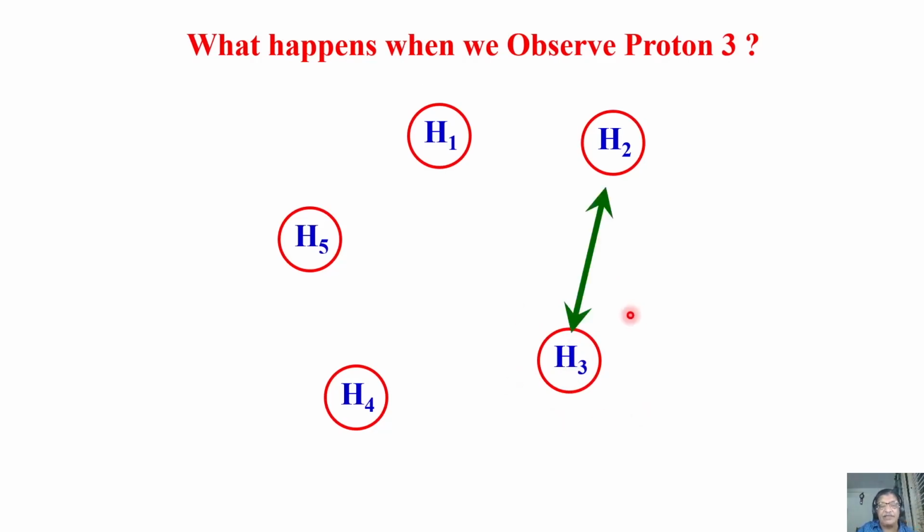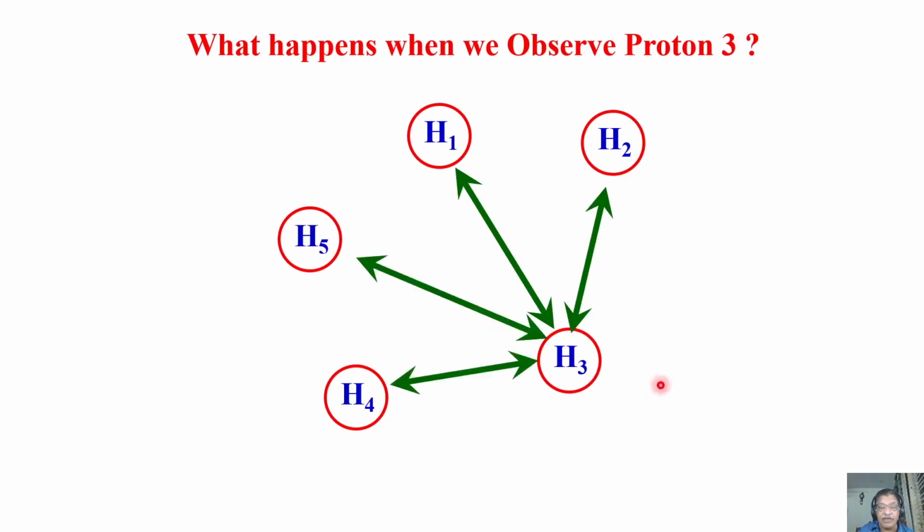Now I see this coupling, this coupling, this coupling, and this coupling. So when I go to the chemical shift of proton 3, I'll see coupling. Because of this, it will be a doublet, doublet of a doublet, doublet of doublet of a doublet, so it is further split. So when I analyze the multiplicity at this chemical shift, I get 3 coupling strengths. So this is an active spin, these are passive spins.